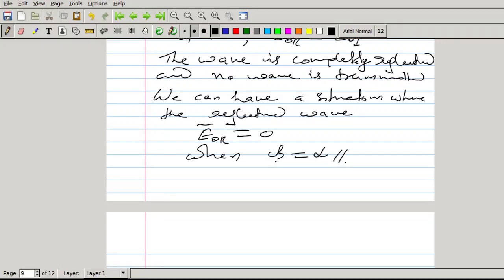So the reflected wave is extinguished. There will be only a transmitted wave. No wave will be reflected, and we can have a particular angle that corresponds to that situation.